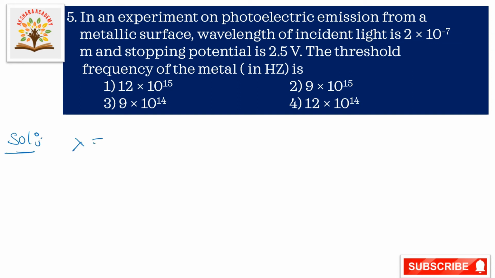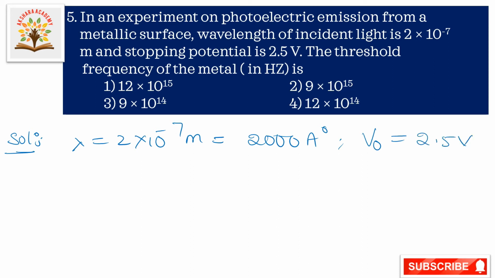Given lambda is equal to 2 into 10 to the power of minus 7 meters, that is 2000 Angstroms, and stopping potential V naught is equal to 2.5 V, and we have to calculate the threshold frequency nu naught.